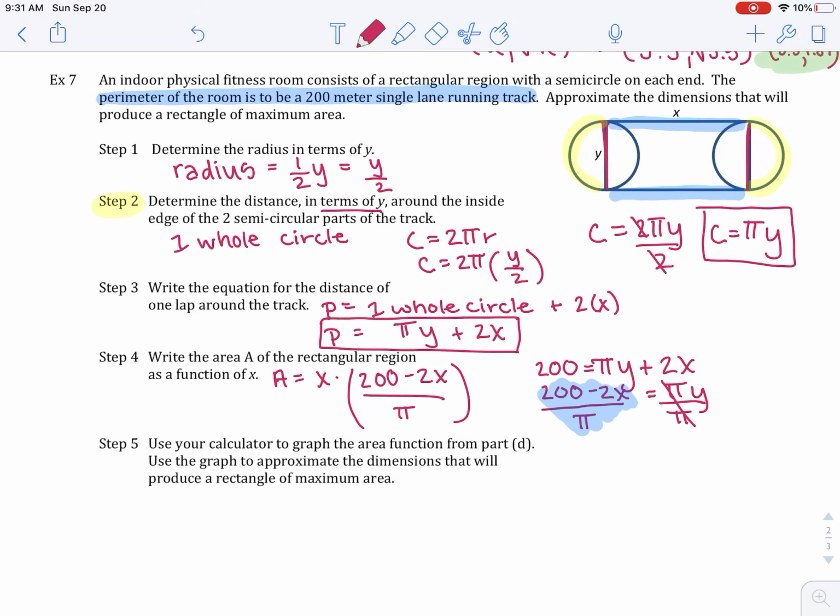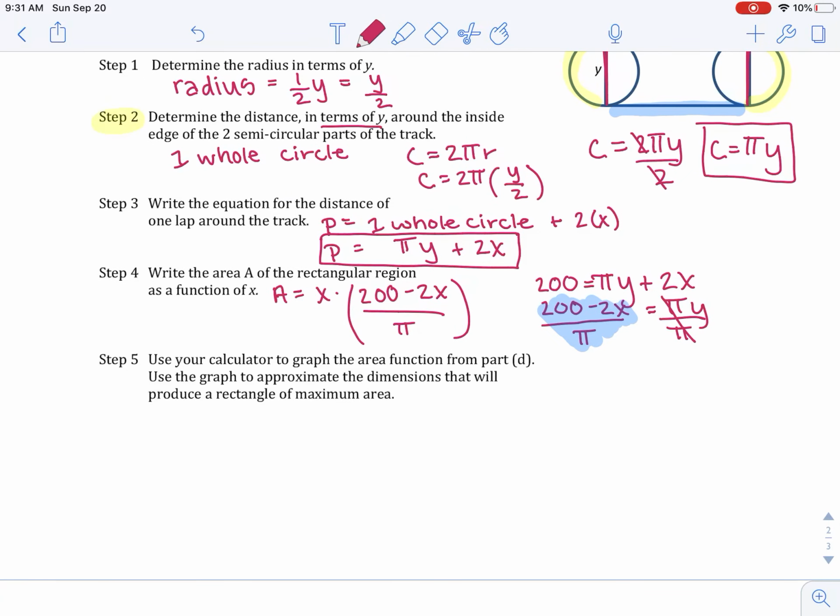And step 5 says use your calculator to graph the area of the function from part D. Okay, so I want you to exactly graph this guy as you see it. I'm not going to graph it, so I want you guys to practice. When you plug it in, be careful, I'm writing down how you should plug it in with your parentheses, because when you divide by pi, you don't want it just to divide by the 2x, you want to make sure it's the entire numerator.